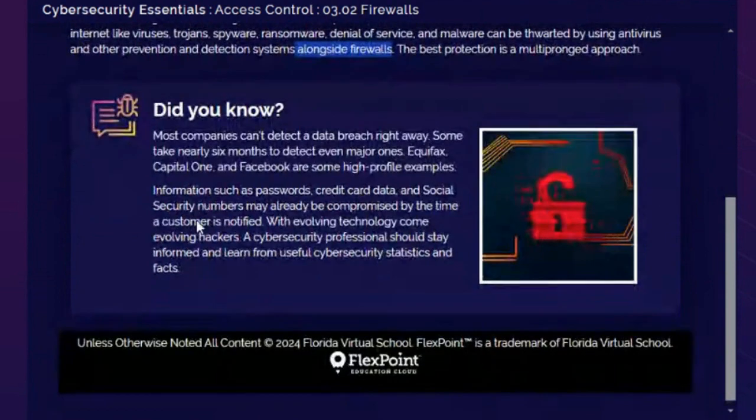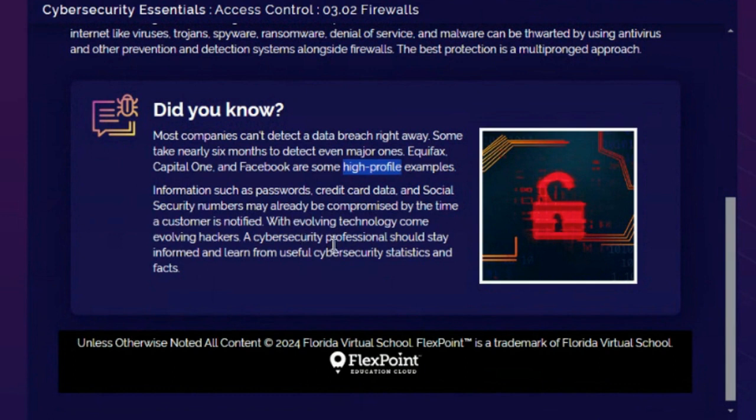Did you know that most companies cannot detect a data breach right away? Some take nearly 6 months to detect major ones. Equifax, Capital One, and Facebook are some high-profile examples. You know, they were infiltrated, their data was taken, they didn't find out about it for a while. Information like passwords, credit card data, social security numbers may already be compromised by the time the customer is notified.